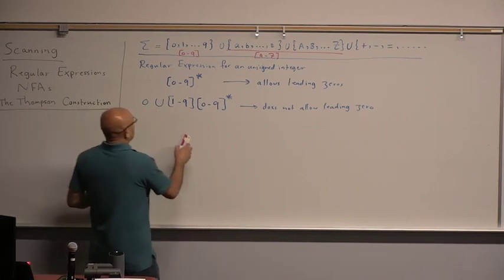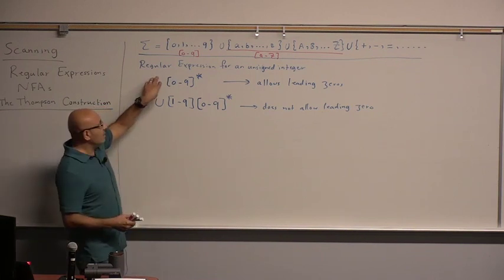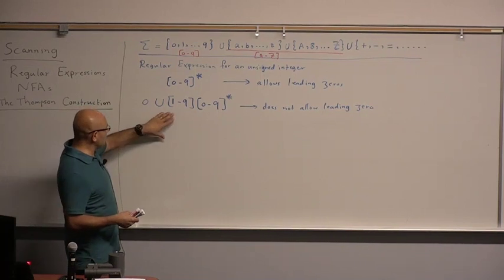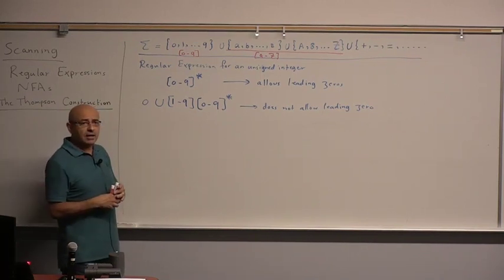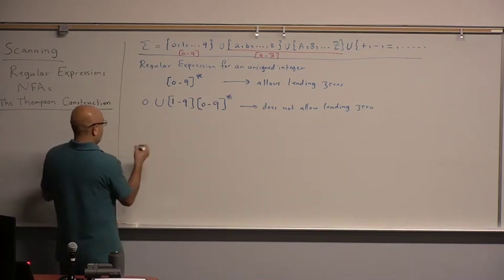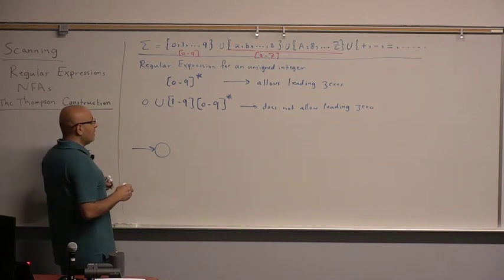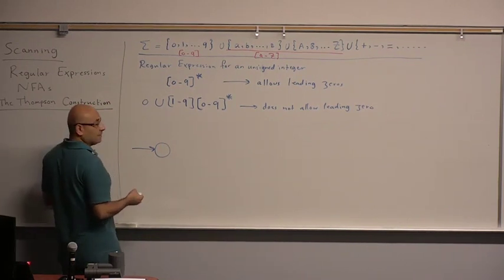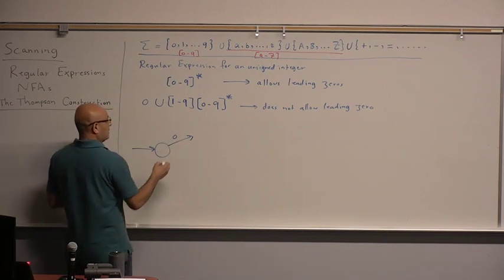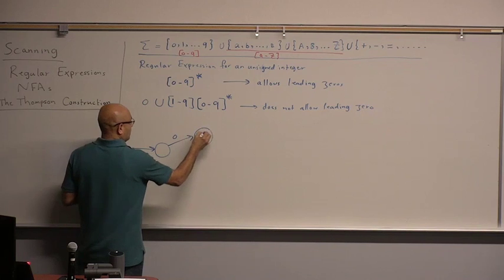Okay. So now, this is an RA. Now for this RA, it will be easy to think of a non-deterministic finite automaton that is equivalent to this, right? This is our start state. Then we have two possibilities, right? We either start with 0, and if we start with 0, we'll go to an accept state.